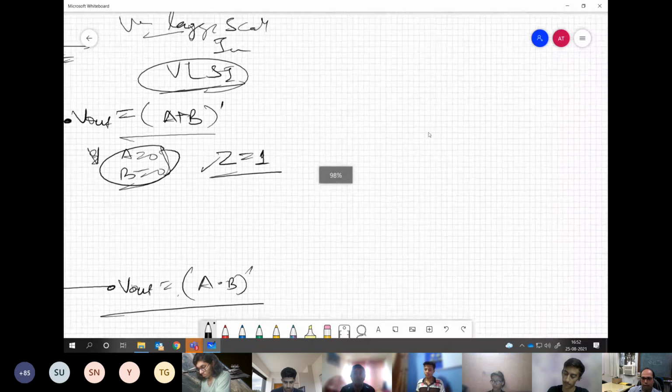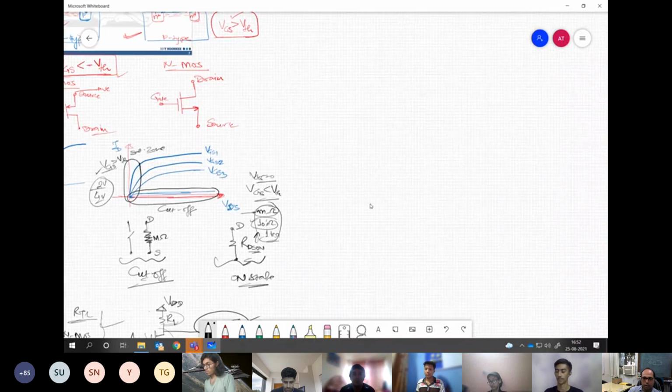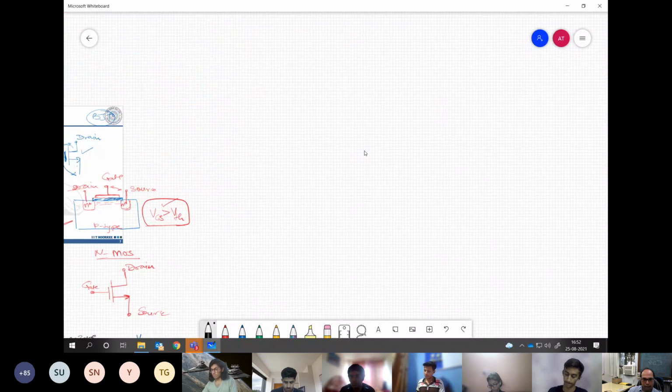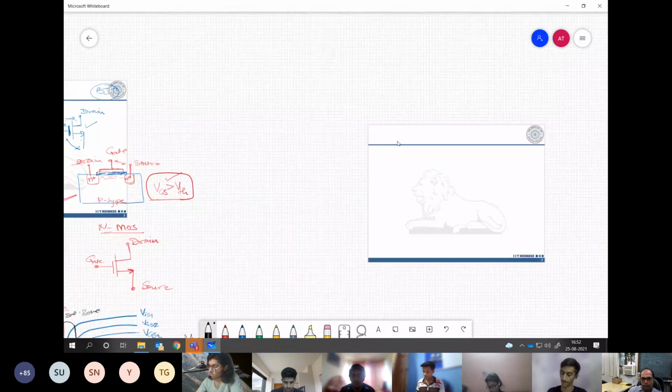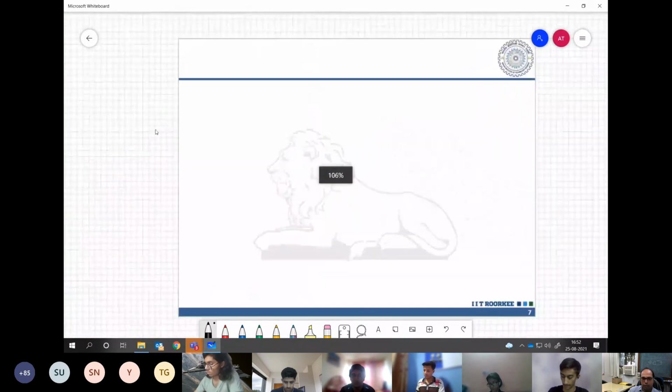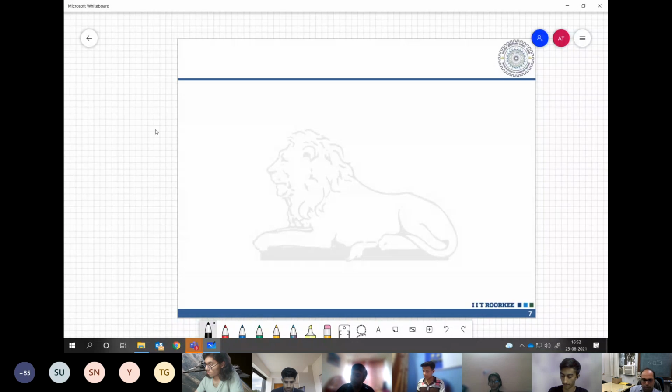Now quickly we can see what is CMOS technology. Again, that's also very, very simple. As the name suggests, it's complementary MOS, which means we are utilizing both the PMOS and NMOS together for realizing this circuit.